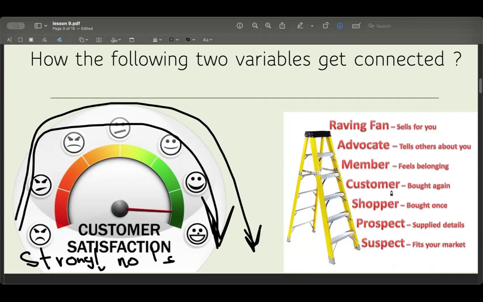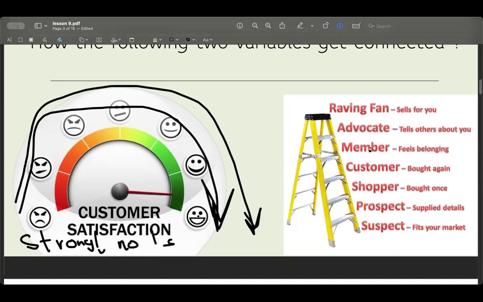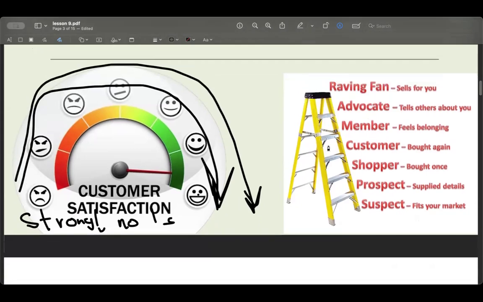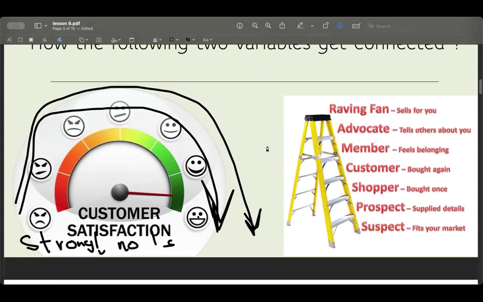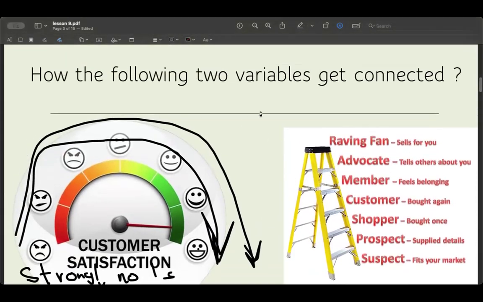See this one: raving fan sells for you, advocate tells others about you, member feels belonging, customer bought again, shopper bought once, a prospect supplied details, and suspect which fits your market. So how do the following two variables get connected?